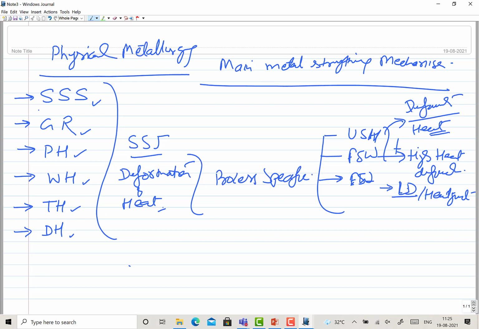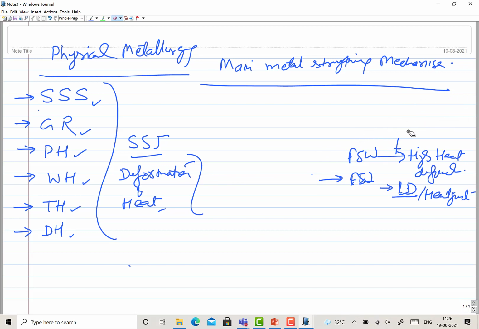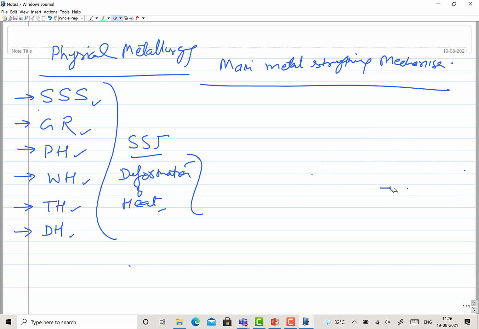So the major thing here is to see these metal strengthening mechanisms and the way by which they are affected by the deformation and heat, which is again process specific. Now I will talk about how these are going to be affected when you apply either less deformation or more deformation or heat.